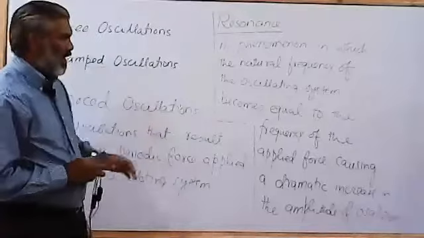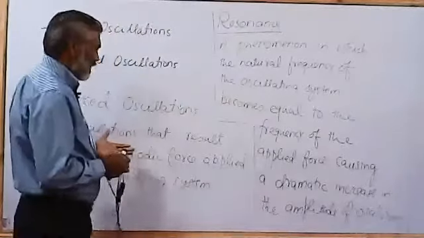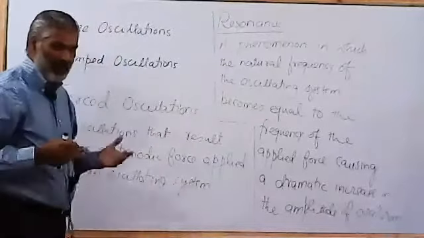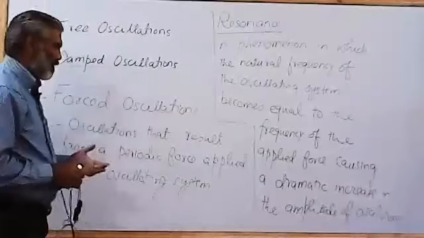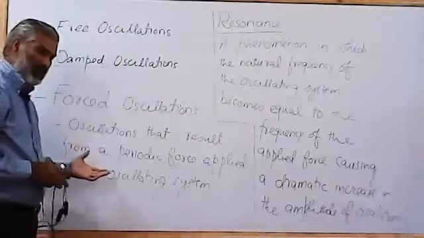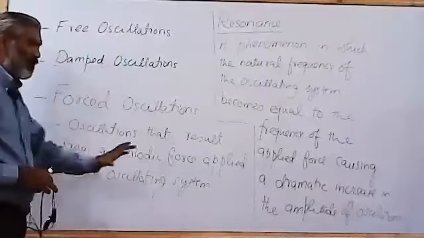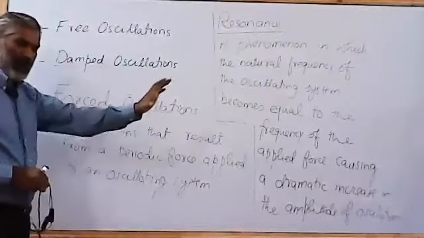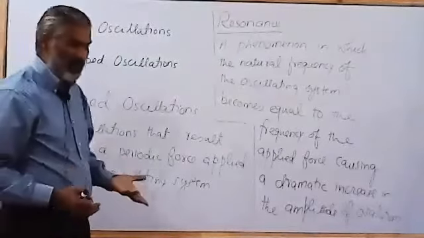So let me describe the main thing. An object is already oscillating with a certain natural frequency, and in the absence of any forces, that is the natural frequency of vibrations. But we have started applying a force to that system, and that is a periodic force with a frequency of its own.